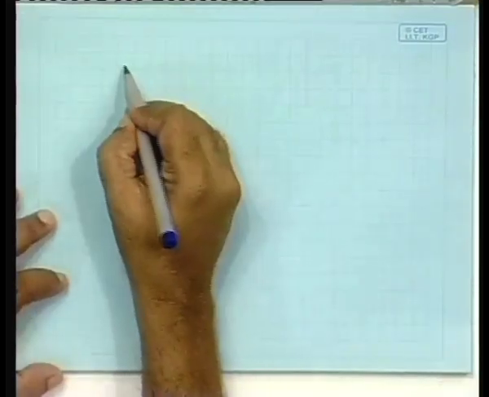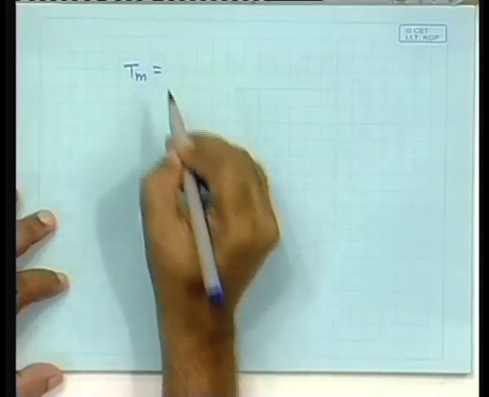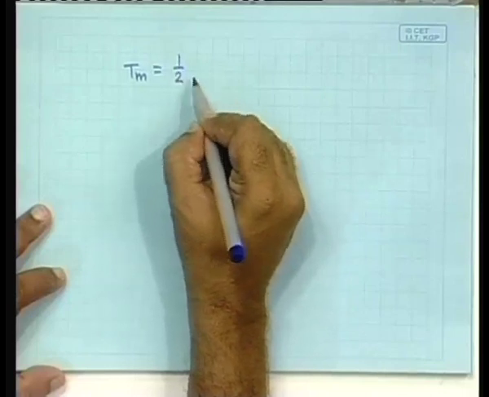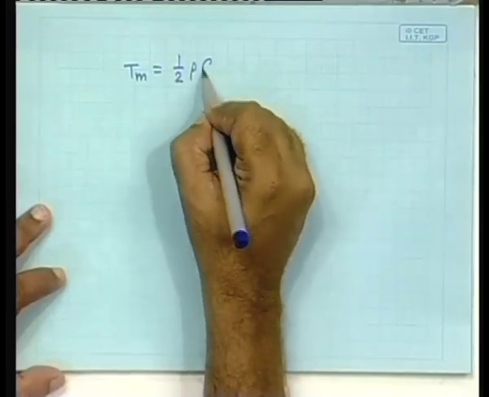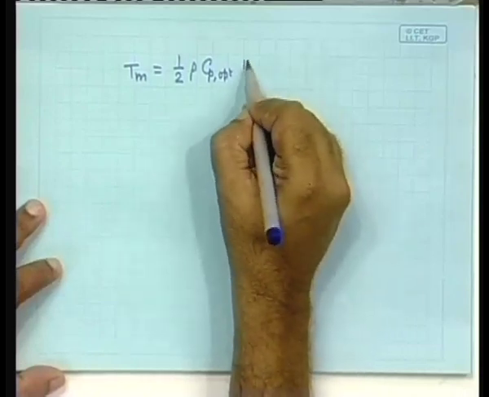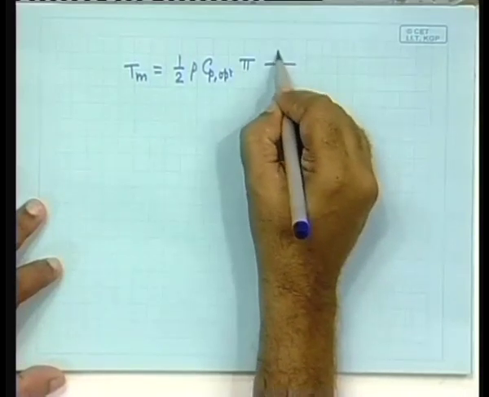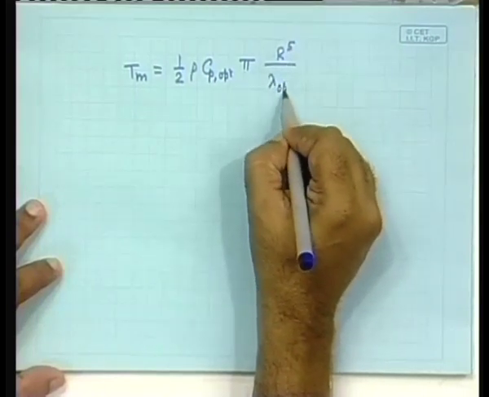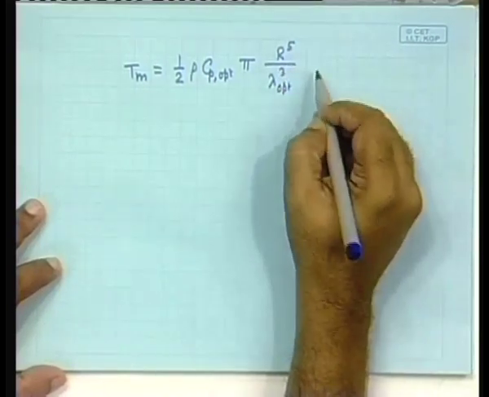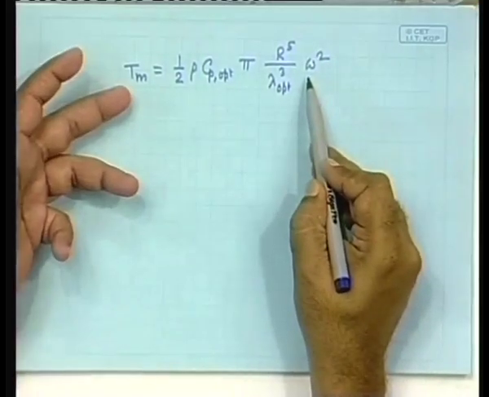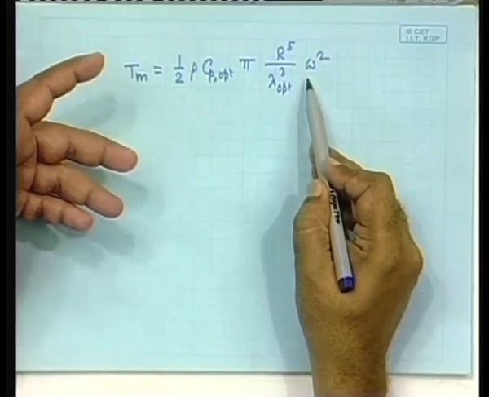So, the mechanical torque will then be given, from the equation that I have just written, by half rho Cp, again optimal I am taking, opt, pi r to the power 5 by lambda optimal cube times omega square. So, power by omega is torque.